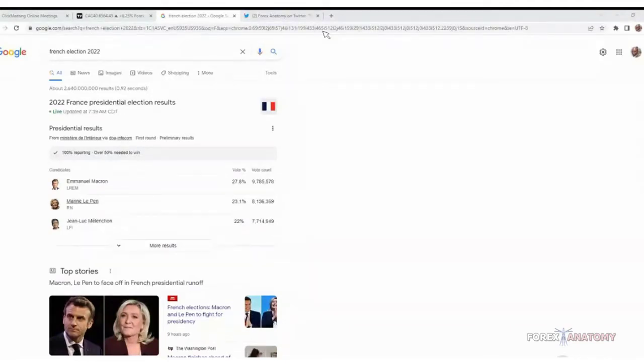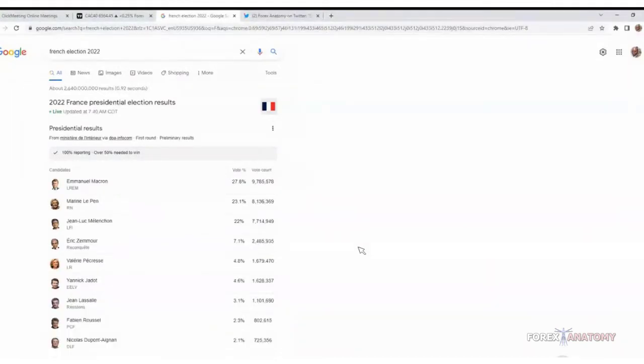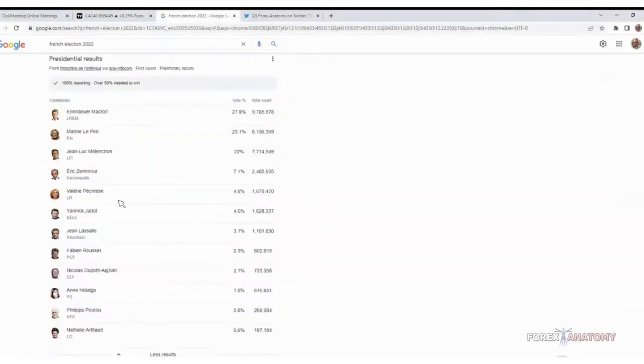The concern right now is about everyone that voted for some of the other candidates, like Jean-Luc Mélenchon and the others we have here, because this is a lot of votes. How many of them are going to vote for Macron, and how many of them are going to vote for Marine Le Pen?